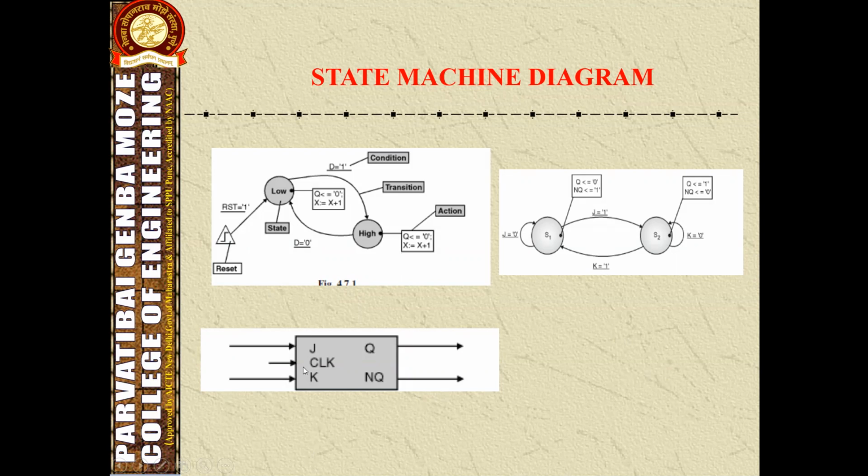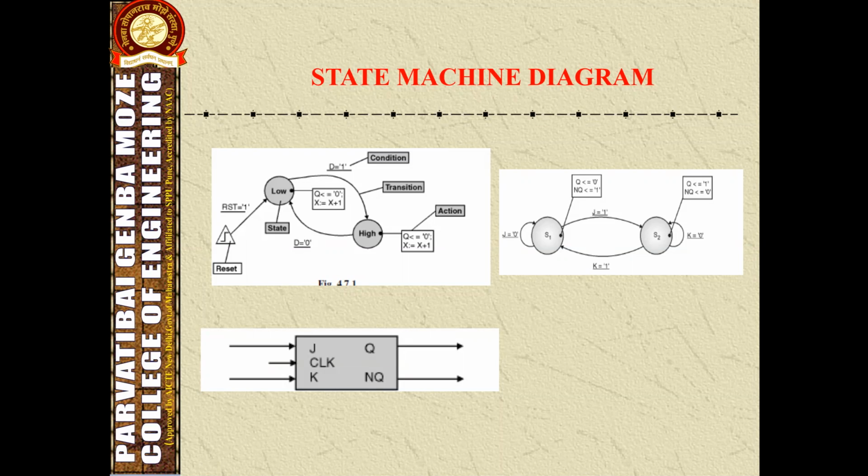The JK flip-flop output changes on the negative edge of the clock signal. The NQ output is the inverted Q output. The Q output turns 1 when J equals 1 and K equals 0, and the Q output will be 0 when J is 0 and K is 1.